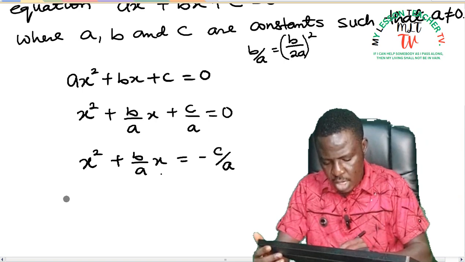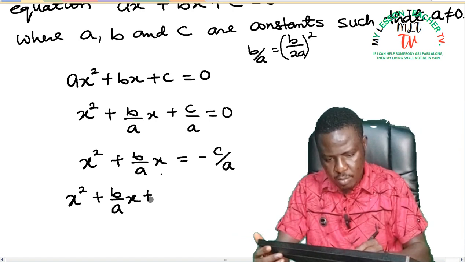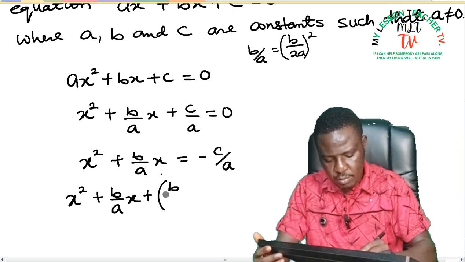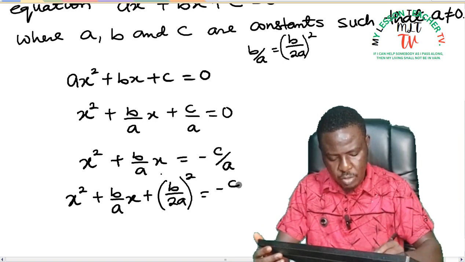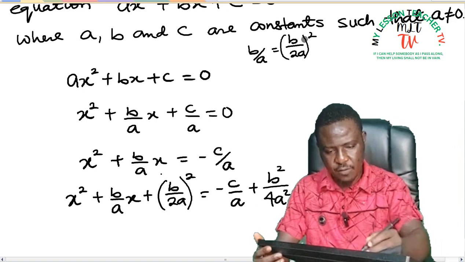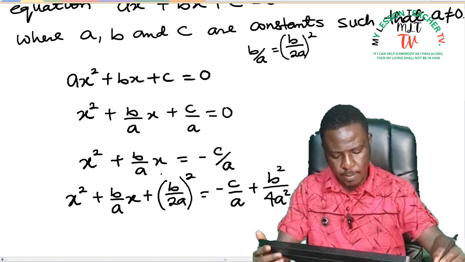This becomes x squared plus b over a x plus (b over 2a) all squared is equal to minus c over a plus, I can call this b squared over 4a squared, because in this case I have already squared the fraction.